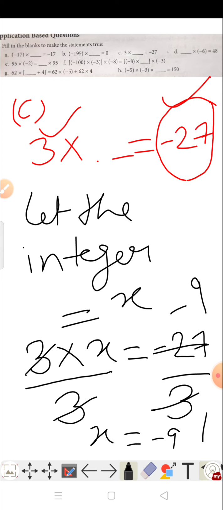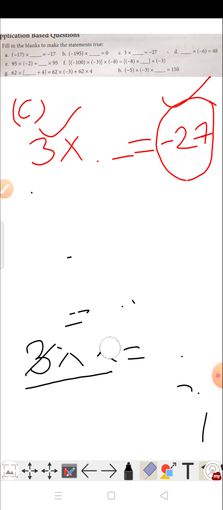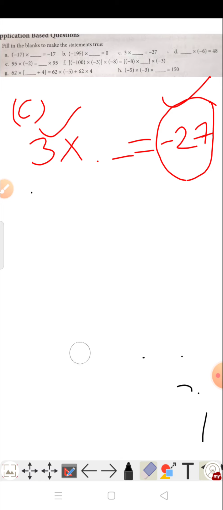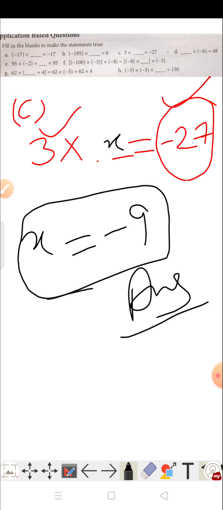So x is equal to minus 9. So the answer of C part is minus 9. Clear? This is the solution of your C part.